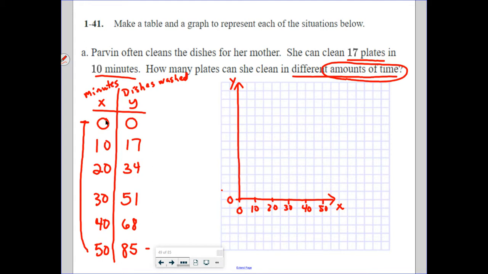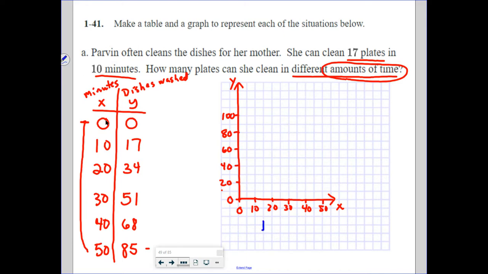What I could do is say every square is worth 10. So that means this would be 20, and then 40, and then 60, and then 80, and then 100, okay? So that's one thing we could do. And then two things we've got to address here. What I'm missing is labels.